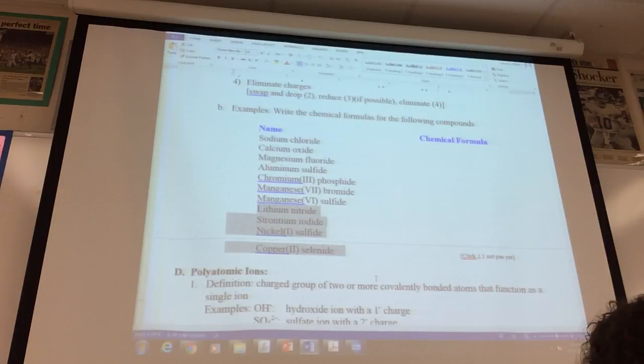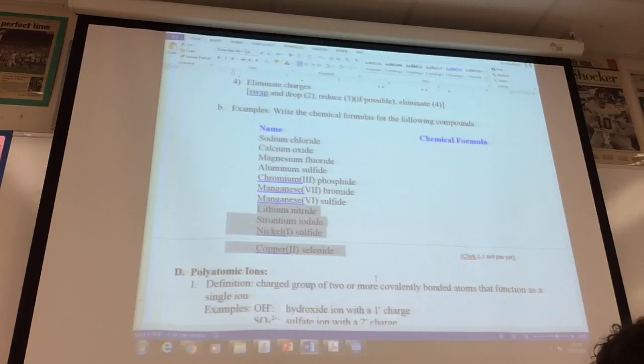So if it's a transition metal or in group 13 or 14, it'll always give us the Roman numeral? No. Most transition elements do get Roman numerals, but not group 3, which we won't deal with, nor zinc, cadmium, and silver.